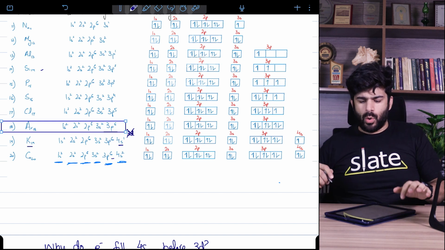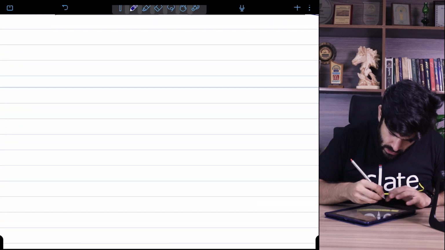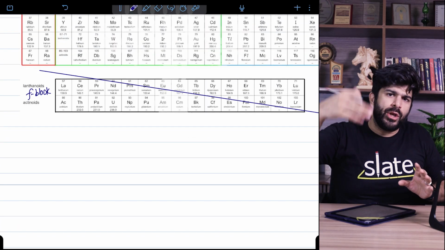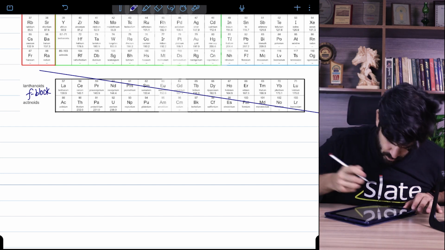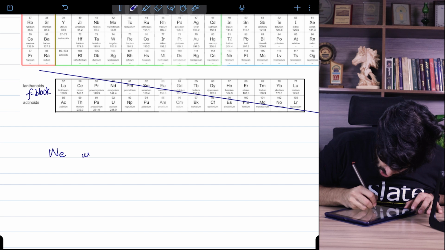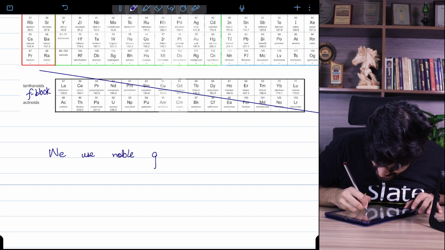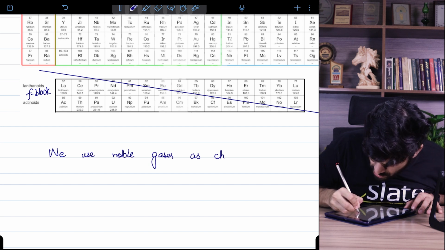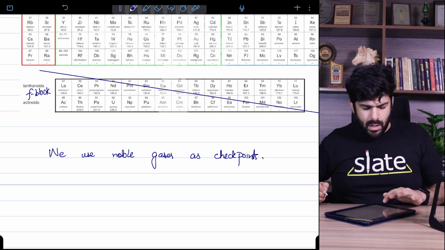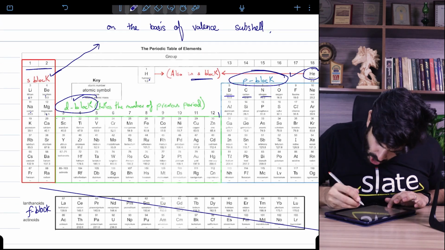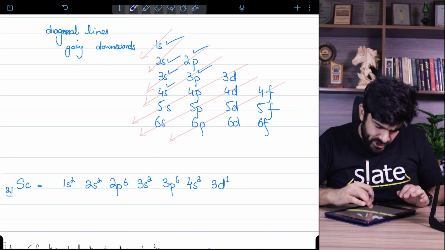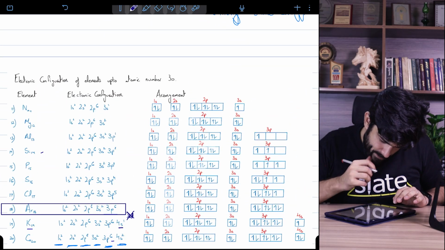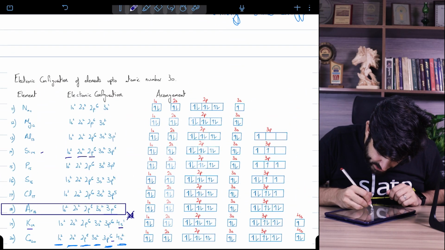So इसीलिए, what do we do? अब हमें ये पता है कि we cannot use the inner electrons, we can only use the outer electrons. So what do we do? We use noble gases as checkpoints. मतलब, for instance, if I have to talk about silicon, silicon's configuration here was 1s2, 2s2, 2p6, 3s2, 3p2.